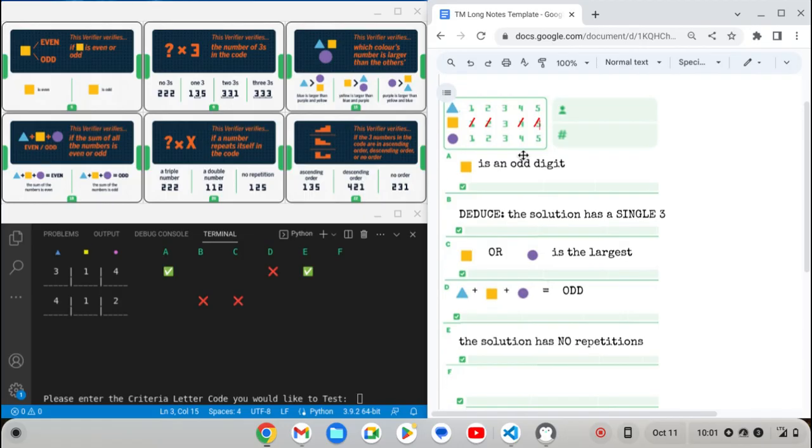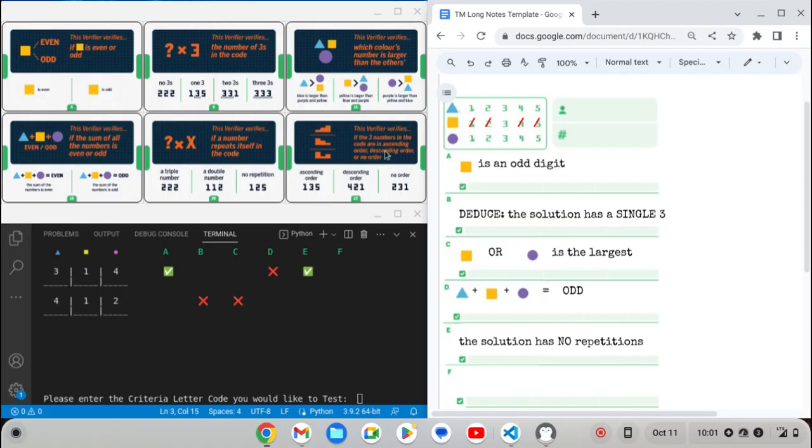So I think it cannot be ascending, because if you said the solution is ascending, you would absolutely know that circle is the largest, which would make criteria card C irrelevant.